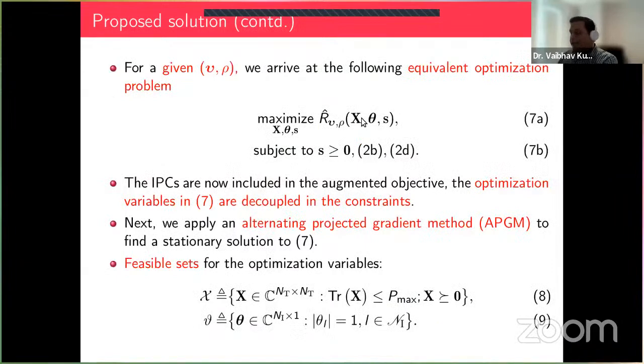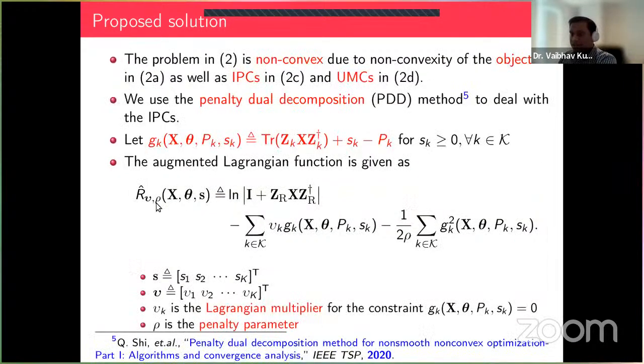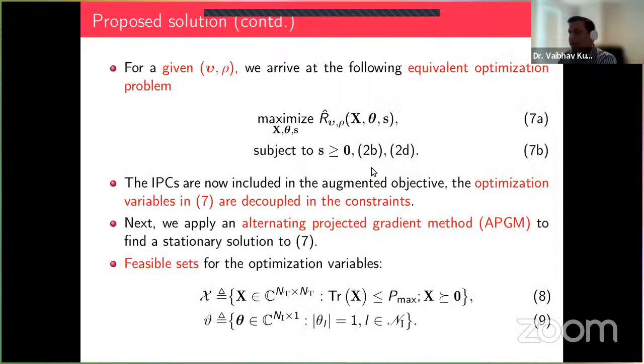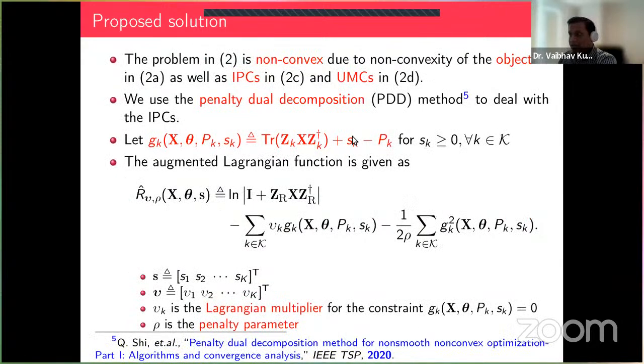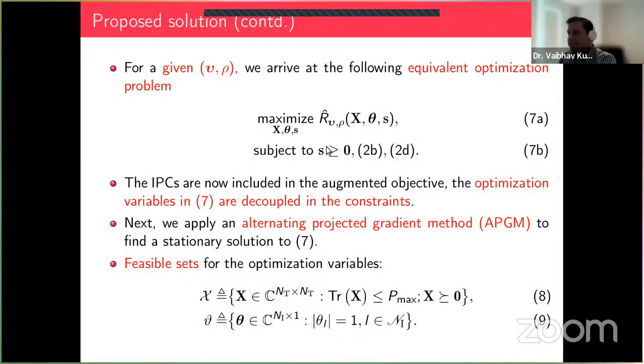In that case, my objective becomes r hat, which is the function that we have just seen here. And we have a series of vectors s_k, and since we have K such constraints, all of those we stack in a vector s. So s greater than 0, and then we have the transmit power constraint 2b and unit modulus constraint 2d.